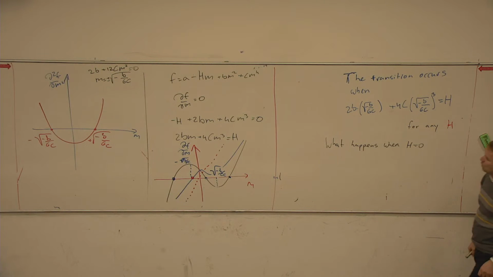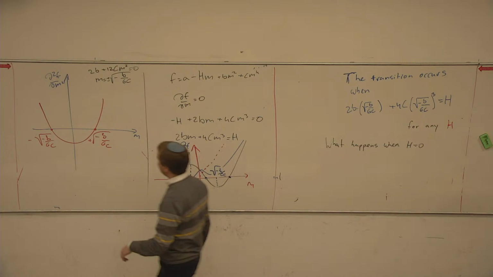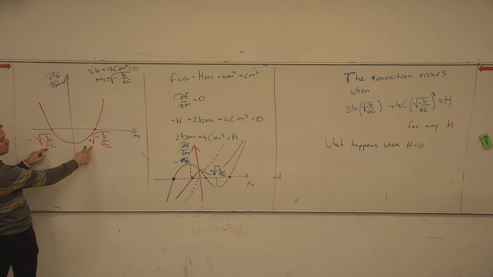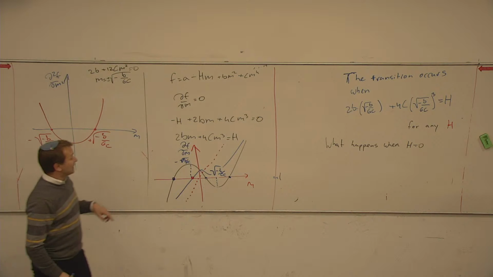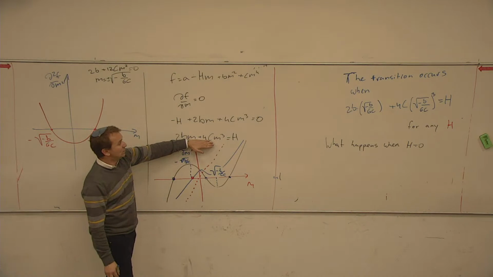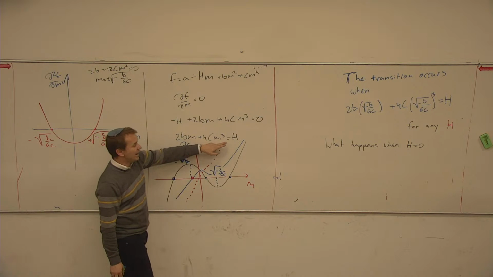So when h equals 0, we know that those are the two solutions. This happens for any h. But let's look at this equation: dF/dm equals 0 when h equals 0.